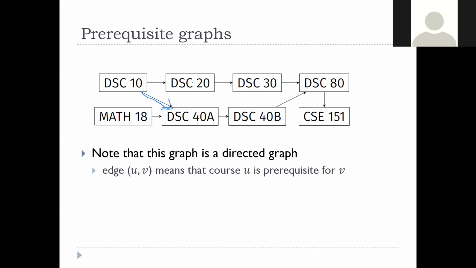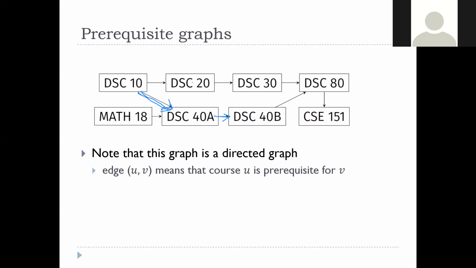That's why you have an edge from DSC10 to DSC40A. And you have to take DSC40A before you can take DSC40B. But between DSC30 and DSC40B, there's no direct prerequisite relation.